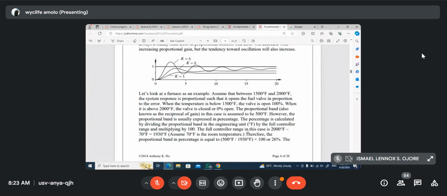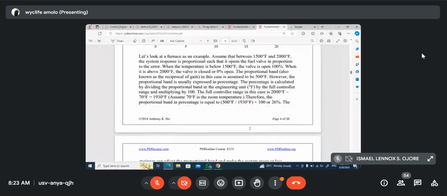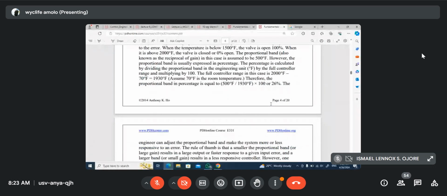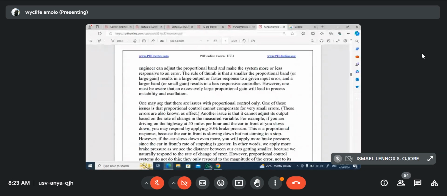The full controller range in this case is 2000 minus 70, which is 1930, where 70 is the room temperature. Therefore, the proportional band percentage is equal to 500 divided by that times 100, which is 25%. So the engineer can adjust the proportional band and make the system more and more responsive to the error.